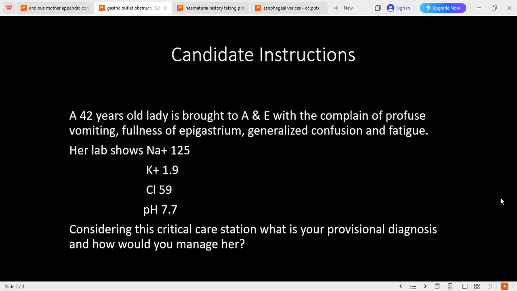Hypertonic is due to hyperglycemia, mannitol or glycerol infusion. Isotonic are due to hyperproteinemia and hyperlipidemia. Then there are hypotonic hyponatremias, which are divided into euvolemic, hypovolemic, and hypervolemic hyponatremia.